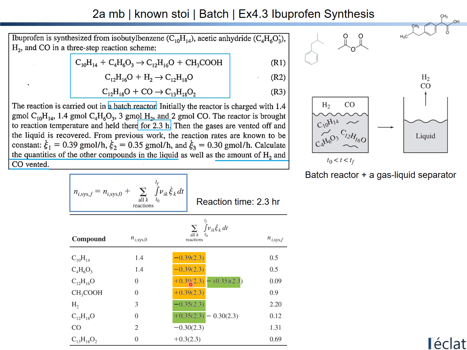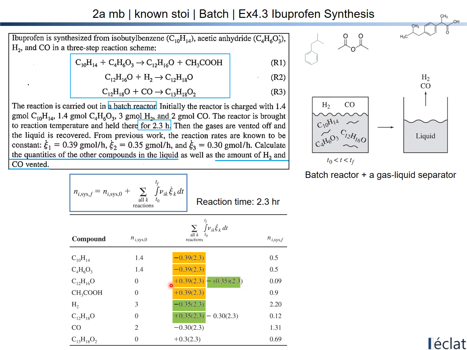with 2.3 hours. And then let's go to the second reaction. The minus 1 is the stoichiometry coefficient for this compound here, with 0.35, the xi2 for reaction 2, and 2.3 hours.